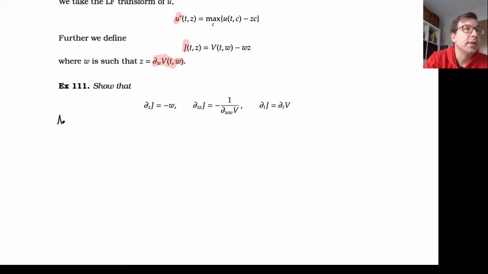Let's first just show this result here. Notice it doesn't really depend on time, so I'm just going to ignore the time component of j.